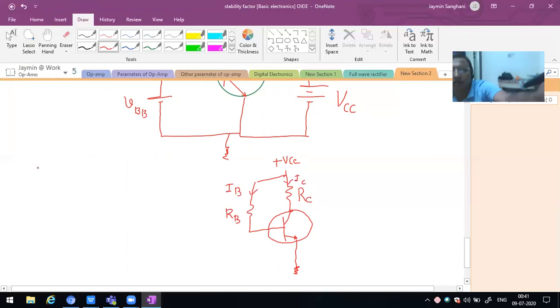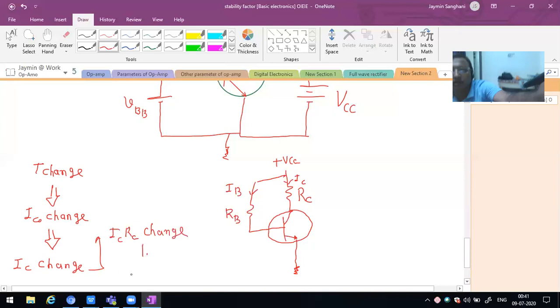Now, if temperature is changed, then ICO changes. ICO means leakage current. If leakage current changes, then collector current changes. If collector current changes, then ICRC changes. So the Q point is shifted.